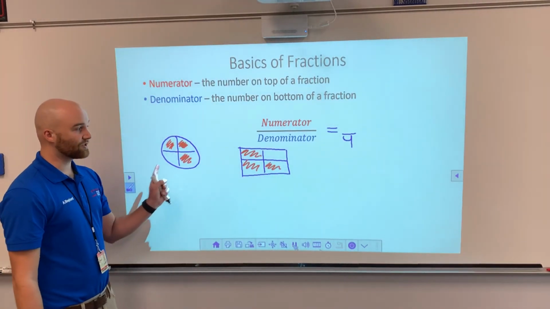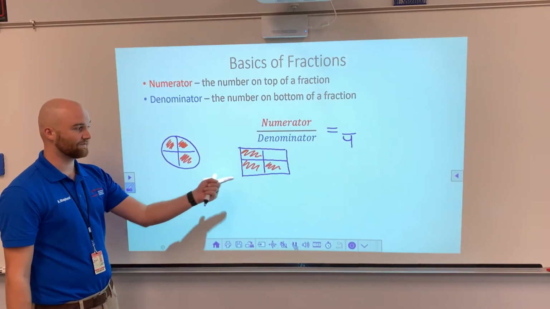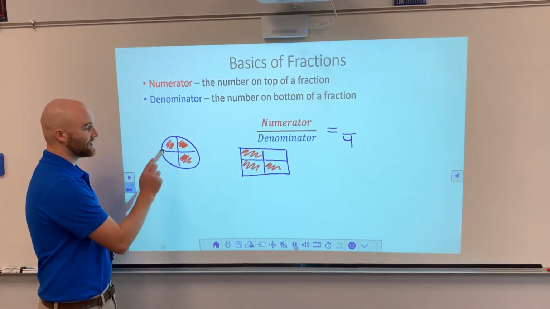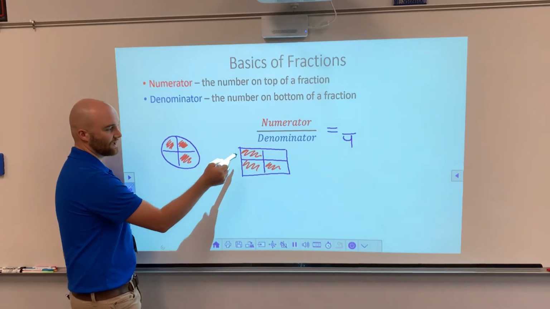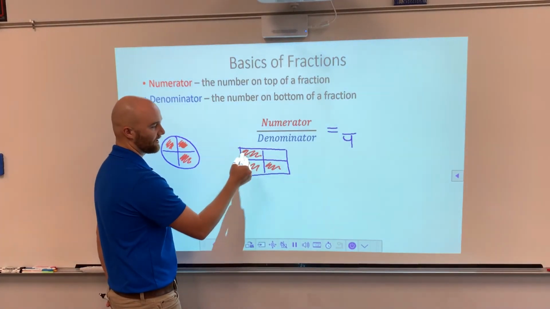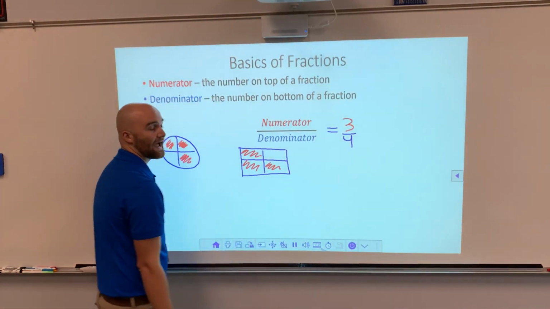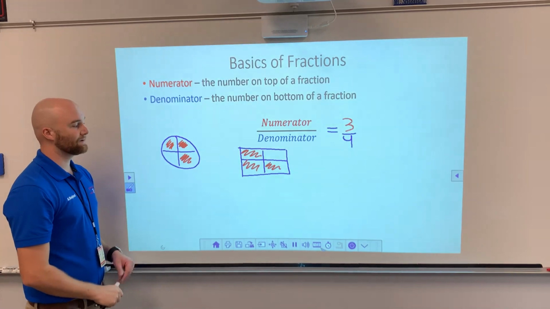That means that these are the same fraction, even though they look different. Even though I shaded them in different ways, they are the same fraction because I've shaded 3 parts out of 4. That 3 is our numerator. It tells us how many parts we've shaded. There's our numerator and our denominator.